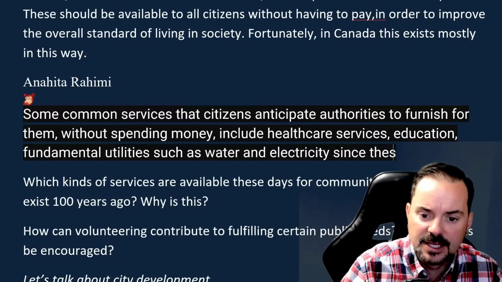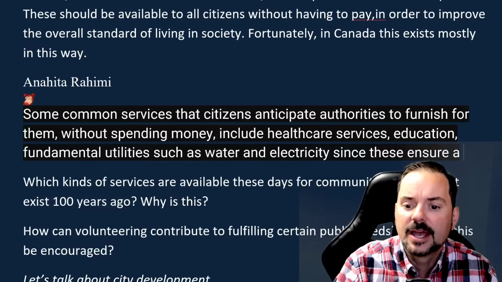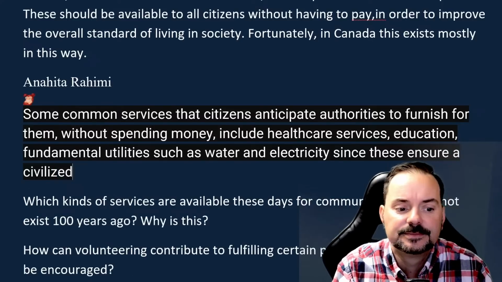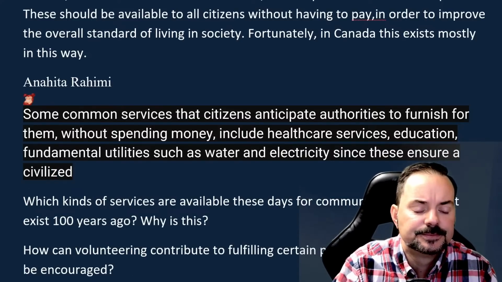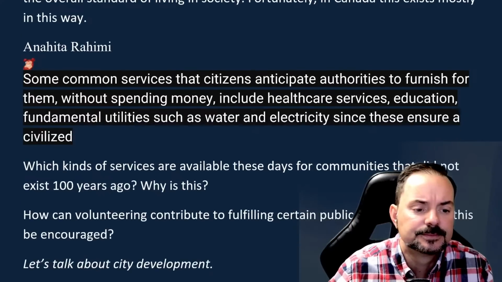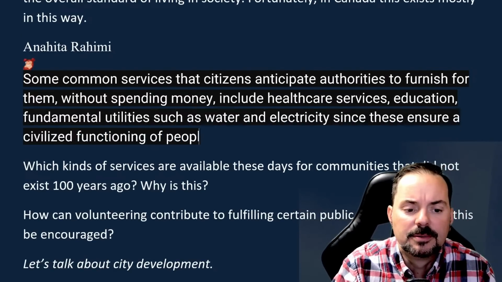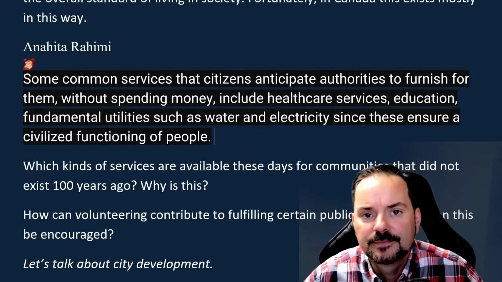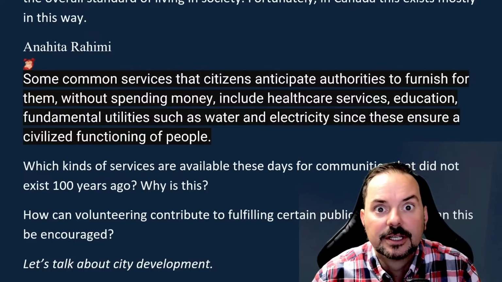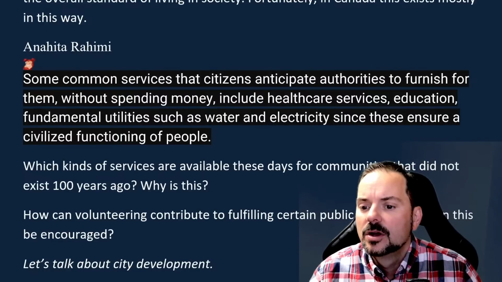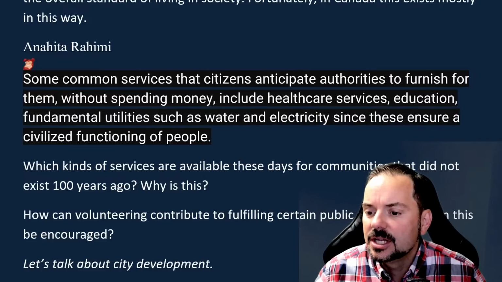Since these ensure a civilized functioning of people. Okay, yeah, turn water off or electricity off. Chaos will break out.